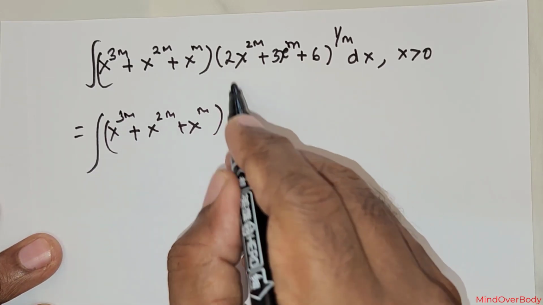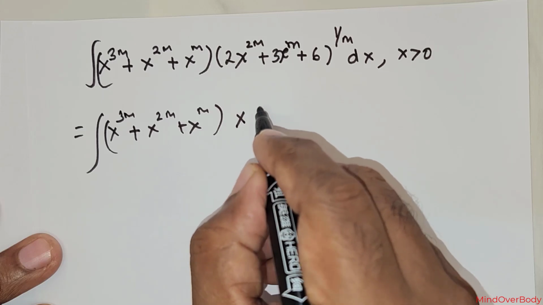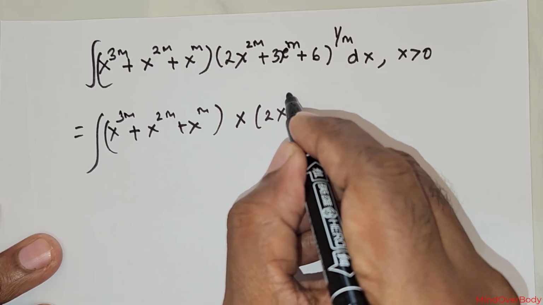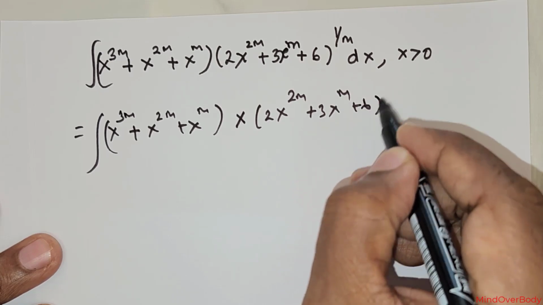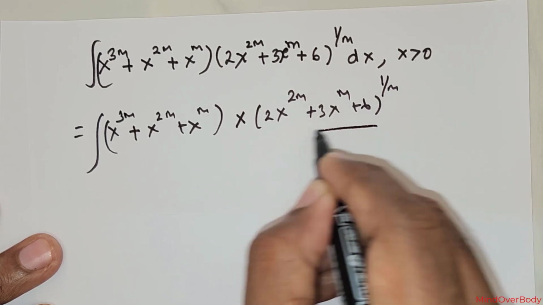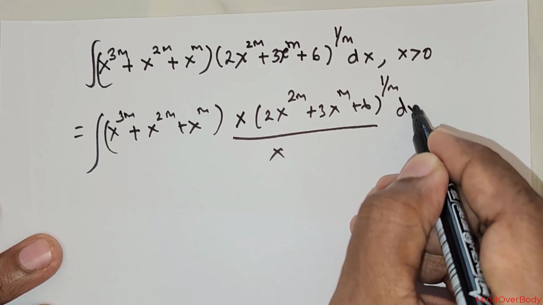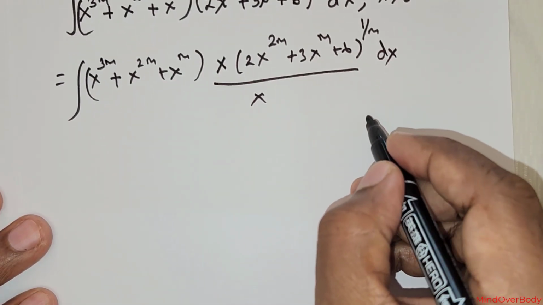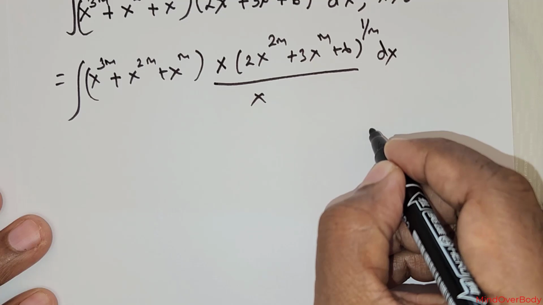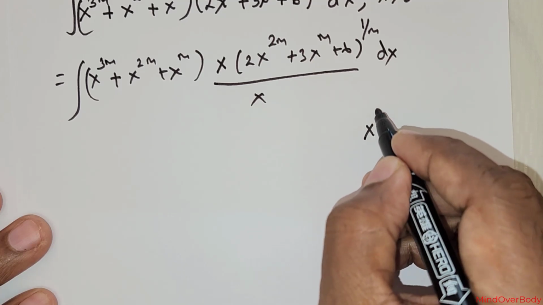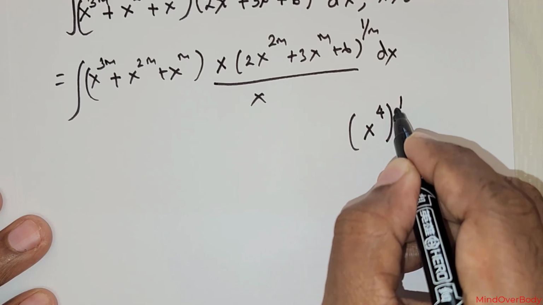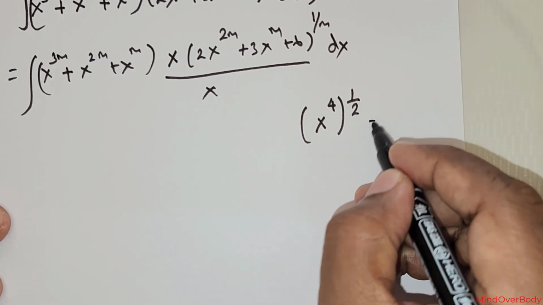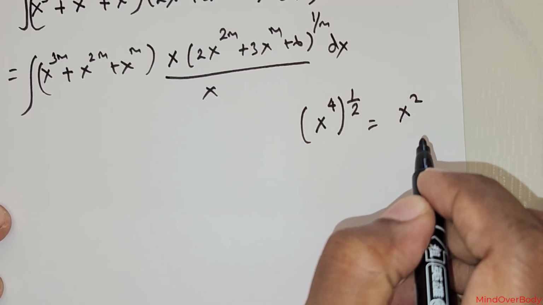I'm going to multiply by x for this term, 2 times x raised to the power of 2m, positive 3 times x raised to the power of m, positive 6. This is raised to the power of 1 over m, and I'm going to divide by x. Now, if you have, say, x raised to the power of 4, and you raise it to the power of 1 over 2, this can be rewritten as x squared, right?